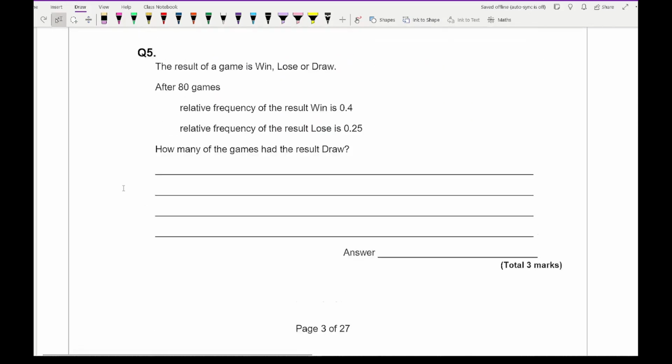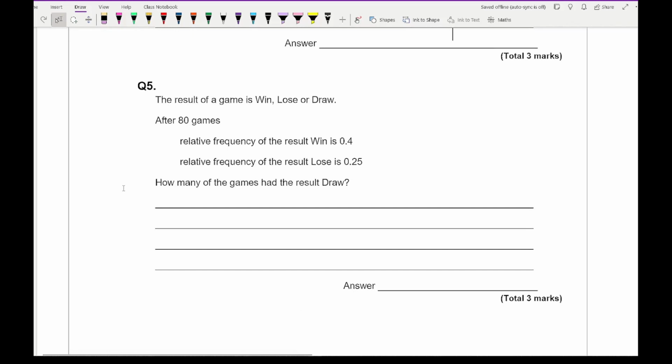Then moving on to question 5, it says the result of a game is win, lose or draw. After 80 games, the relative frequency of the result of a win is 0.4. The relative frequency of the result of a loss is 0.25. How many games had the result of a draw? So here in terms of a win, again multiply the relative frequency by the grand total.